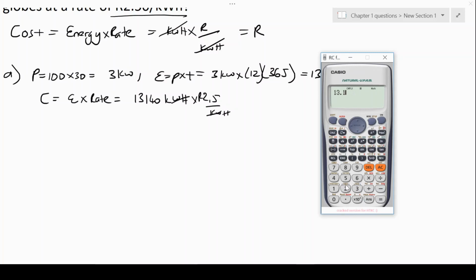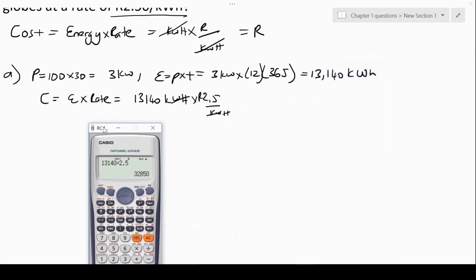And this should give us a final value of 32,850 Rand.